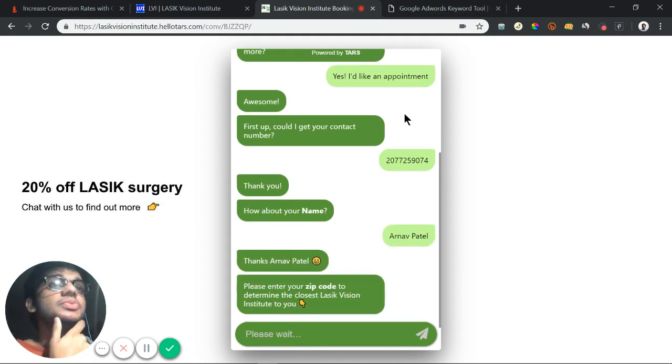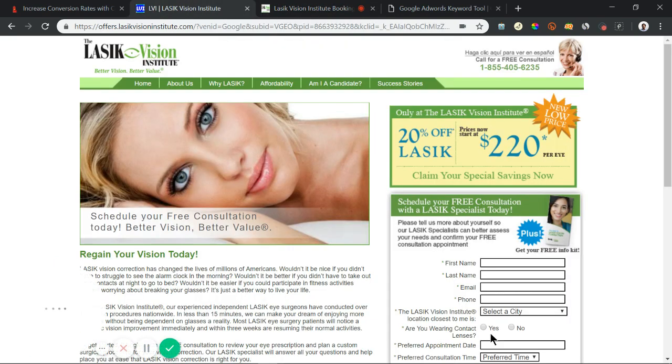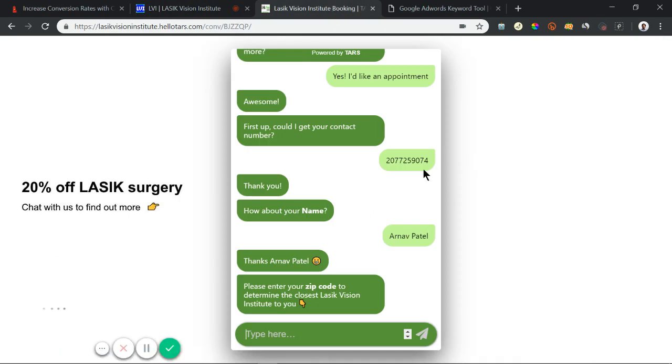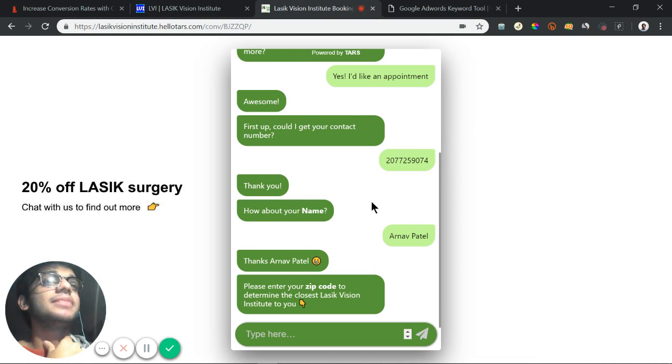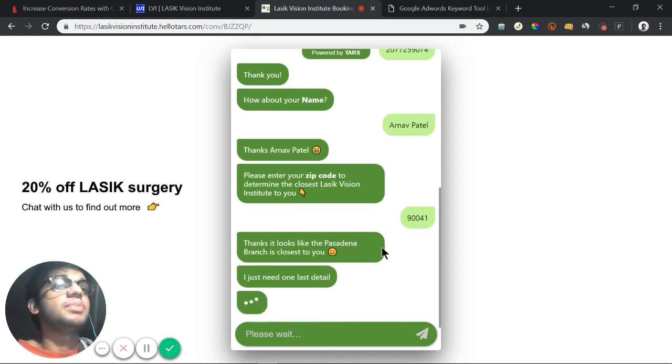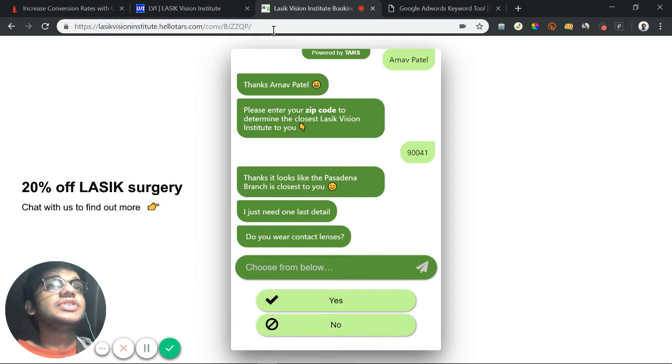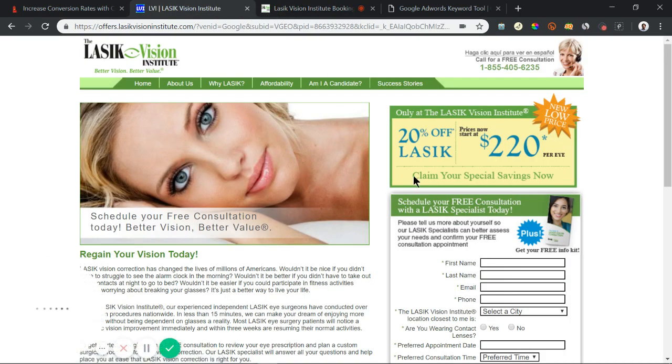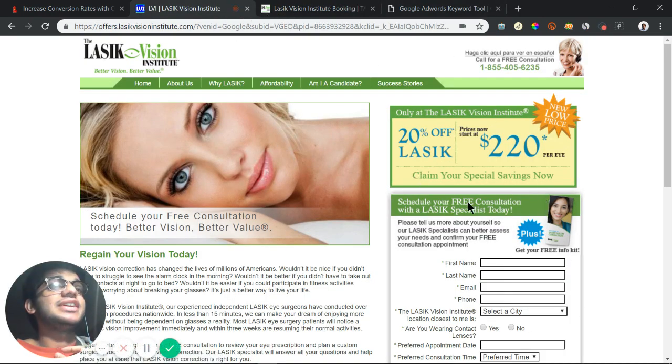And essentially the difference between this and the form, which is over here, is that I provide one detail at a time, and every time I provide a detail, I'm rewarded on screen with a little bit of visual stimulation as new message bubbles pop up on the screen. So it's not the sort of self-serve paradigm that you would see on this landing page, where you click on the Google ad, the company behind the page delivers a landing page to you, and then it's up to you as a prospect to figure out the information on the page, fill out the form, and hit submit.